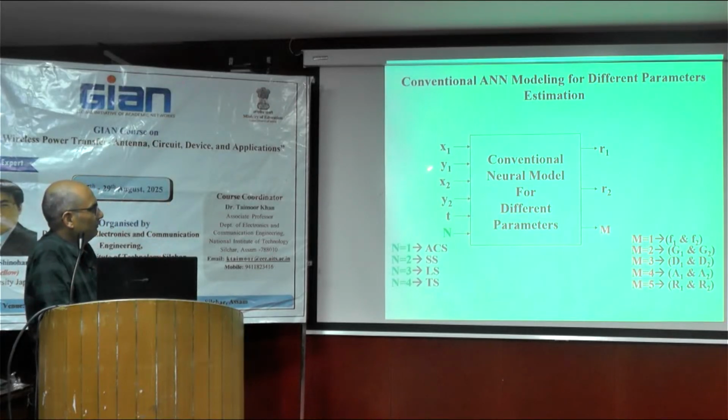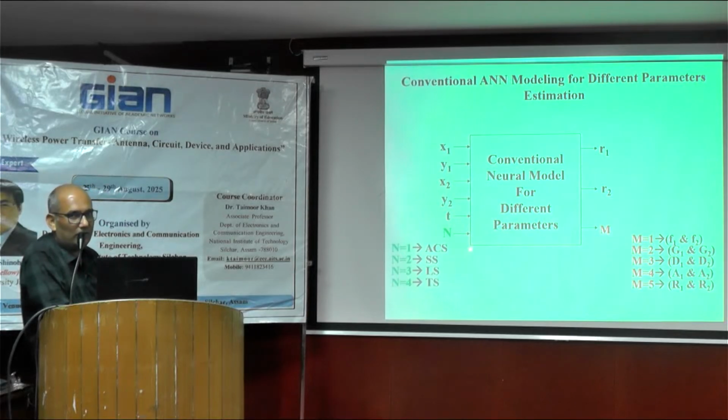Then the input side. Now there are 5 geometry parameters along with 4 different classes of slots: asymmetrical cross slot, square slot, longitudinal slot, transverse slot. We need to differentiate which slot the dimensions you feed, x1, y1, x2, y2 and t, correspond to.